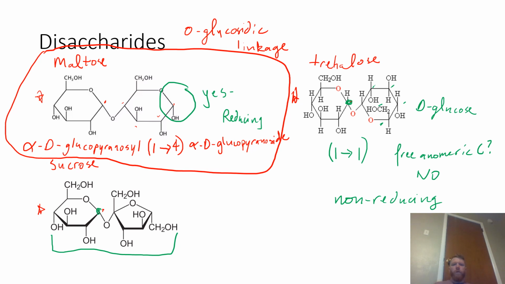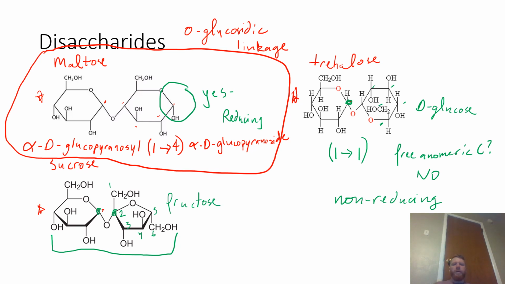We're looking for the oxygen involved in the ring and the carbon attached to it. Does that have a hydroxide group? This one does. Therefore, that is our anomeric carbon. So our lowest possible number for that would be carbon number 1, 2, 3, 4, 5, and 6. This is fructose.